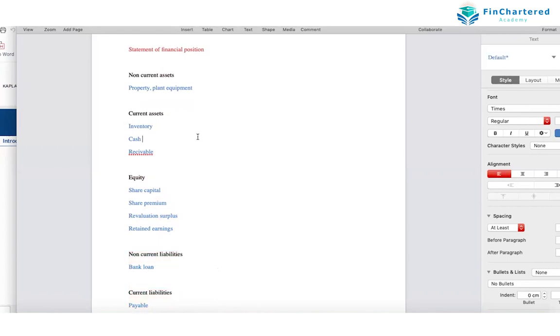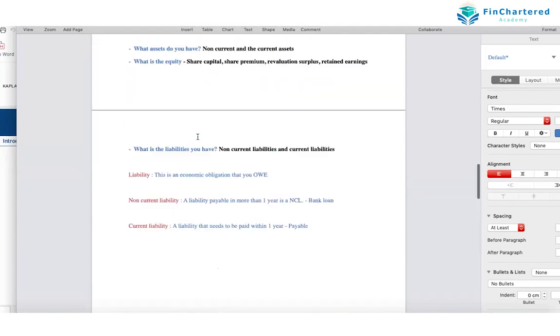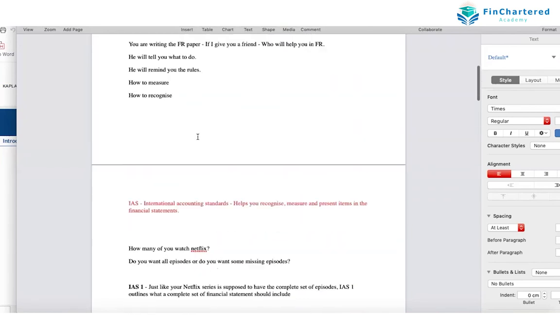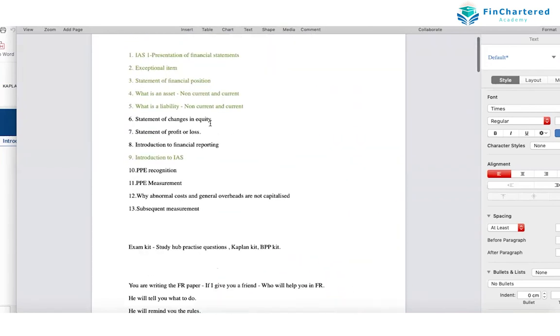And this is the format. That is all. I hope it was crispy and clear. And with that, the statement of financial position is completely done. Okay? I hope that is easy. I hope that was clear.